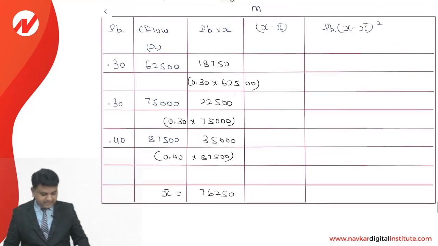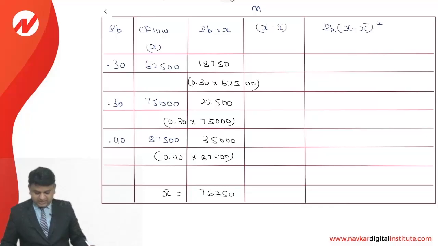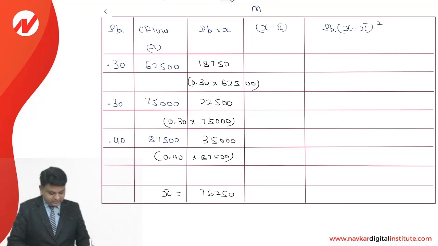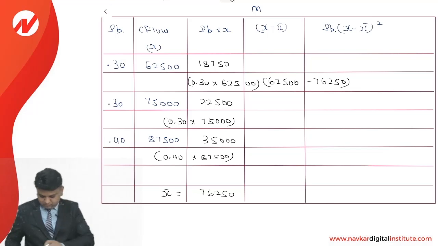Okay. Then x minus x bar, x is 62,500, x bar is 76,250. That is 13,750 negative.